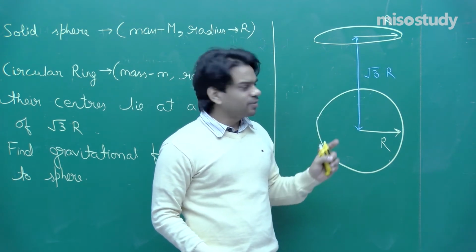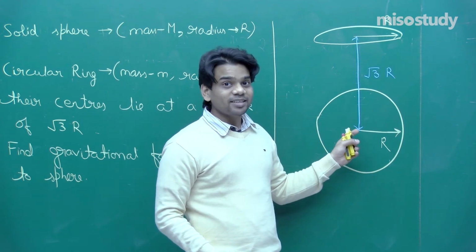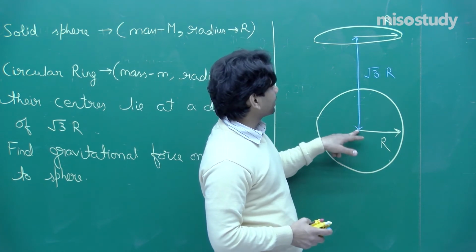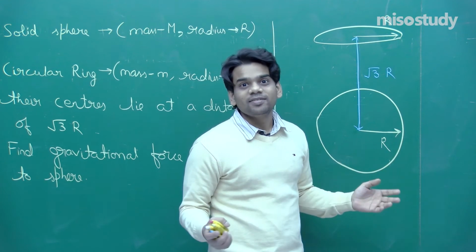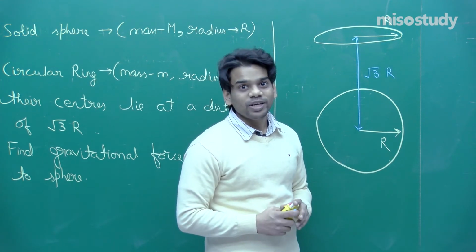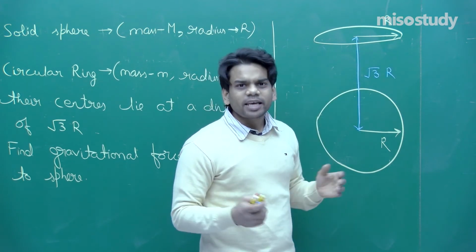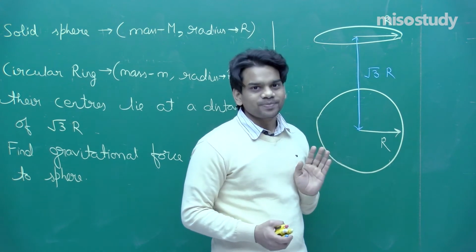We can treat the entire sphere as kept at the center, and the value of gravitational field due to it at any point on the periphery of the ring, we can easily evaluate that. The value of field due to the sphere at any point of the periphery of the ring can be found out by treating the sphere mass kept at its center.